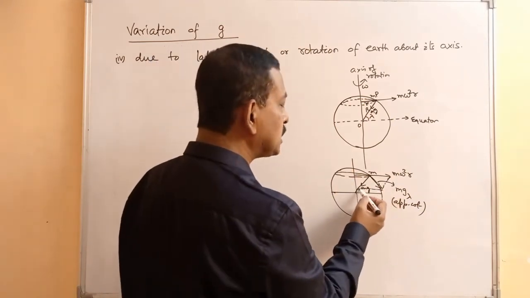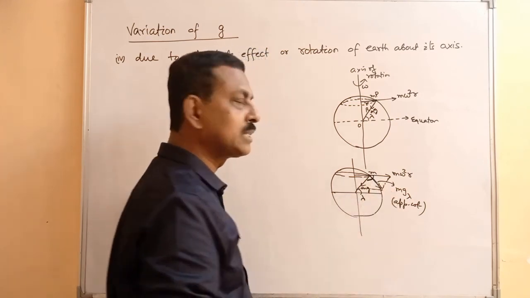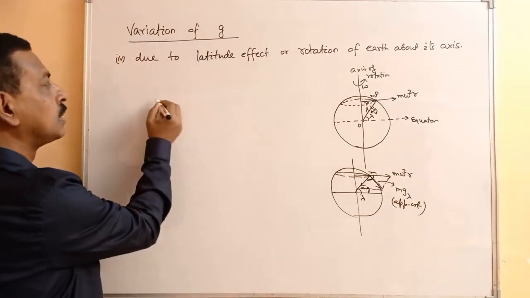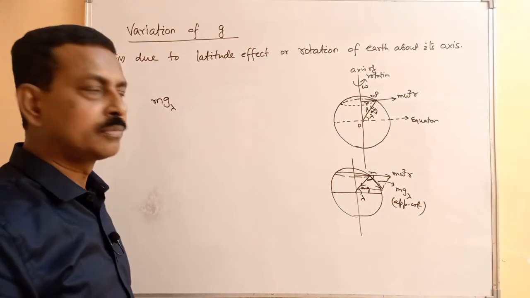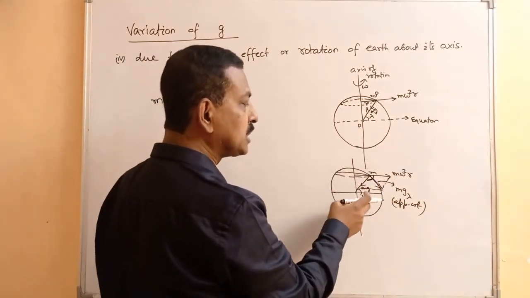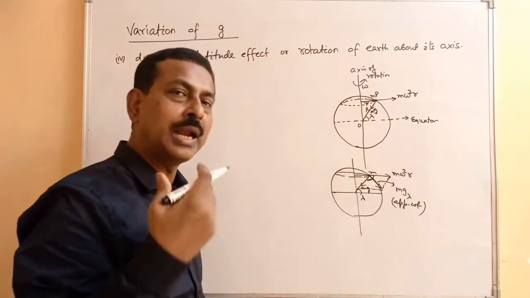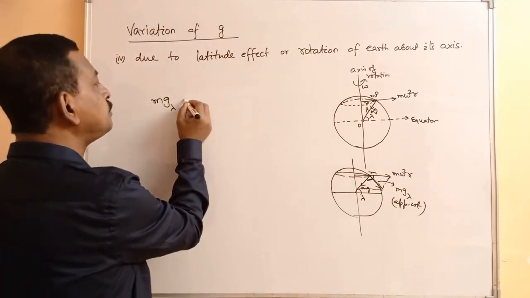And how much will be this angle? This is your lambda. So how much is this angle? 180 minus lambda. So now if you consider mg lambda, this is equal to the vector sum of the two forces there, that is its actual weight, and due to the latitude effect, the centrifugal force which is acting.